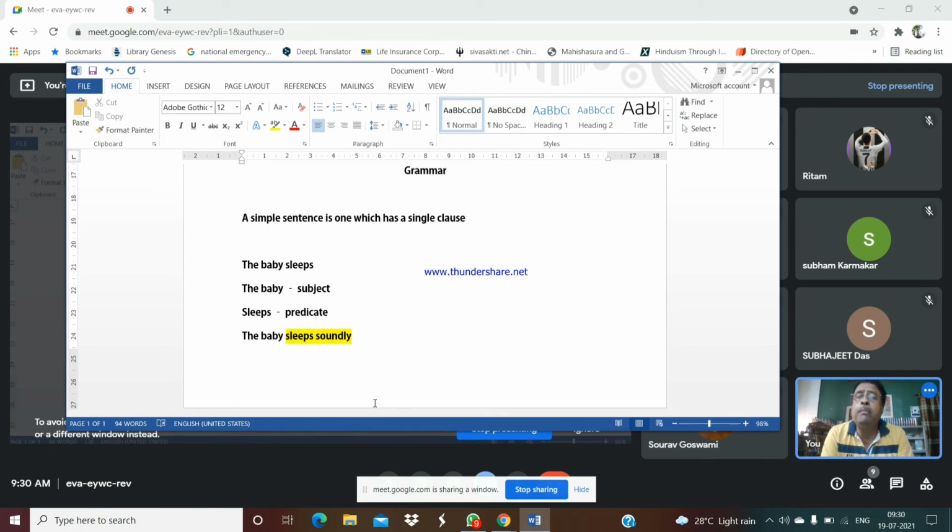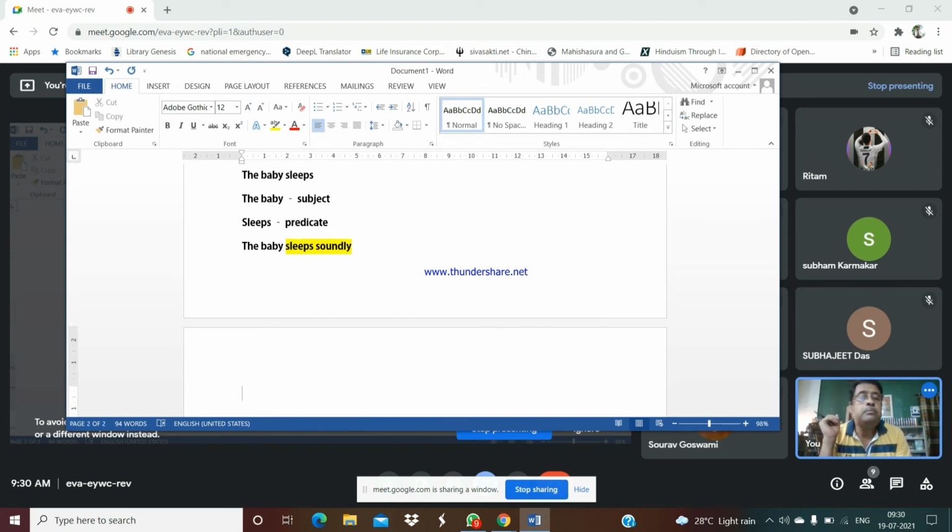I don't agree to the words simple predicate and complex predicate. In predicates, you don't have words like simple predicate and complex predicate. So that is some sort of a misnomer, a misconception, a wrong idea.